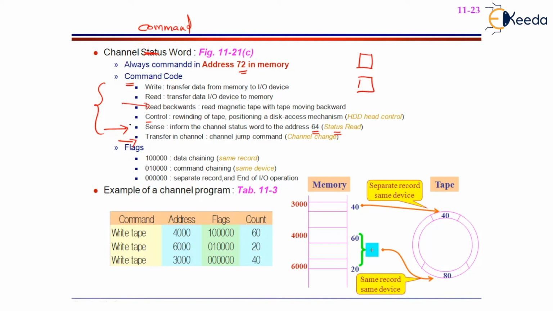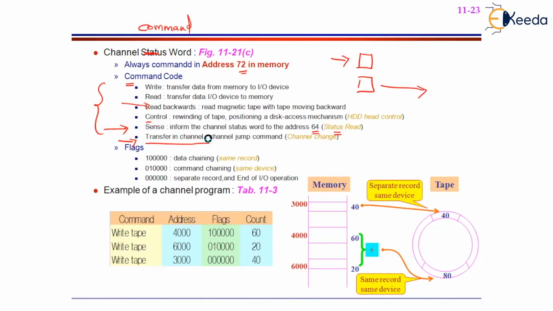Sense: when the sense command is executed, a status word will get transferred to memory location 64. Transfer in channel: when one channel stops functioning, immediately this transfer should be initiated from another channel, that is another IO processor. So the IO processor must be changed. This change can be done by using this command, transfer in channel.